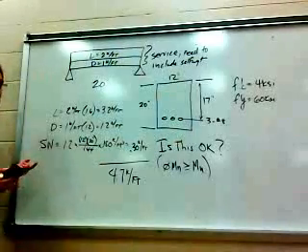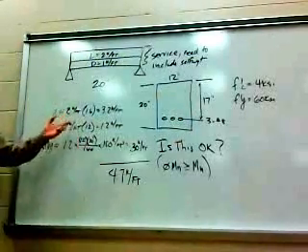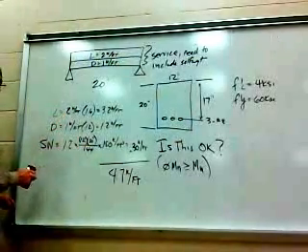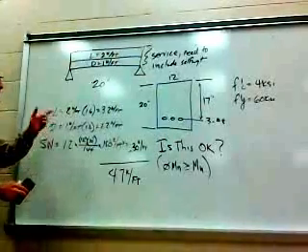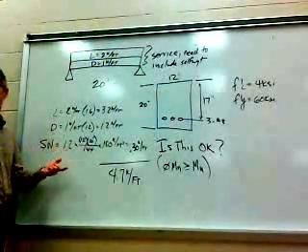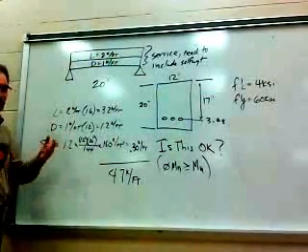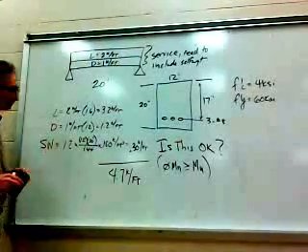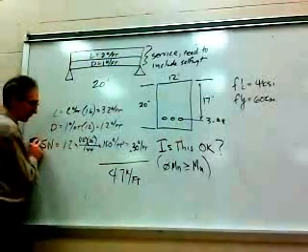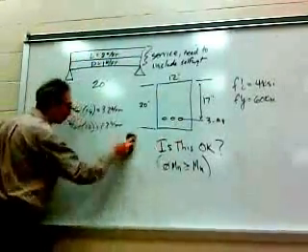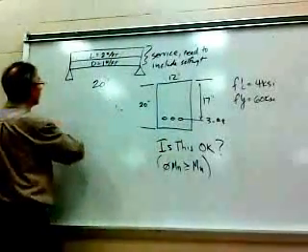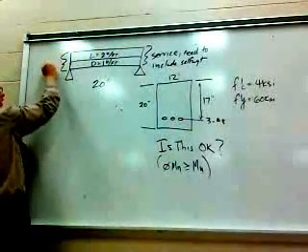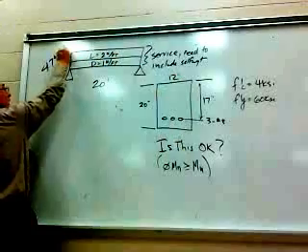Self-weight is an unfactored load. I mean, that formula is unfactored, so we factor it up. It's a dead load. Self-weight's the perfect dead load, so it gets 1.2. All right, so it's 4.7. So this whole load with the self-weight is 4.7 kips per foot.